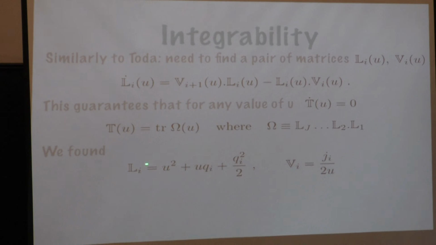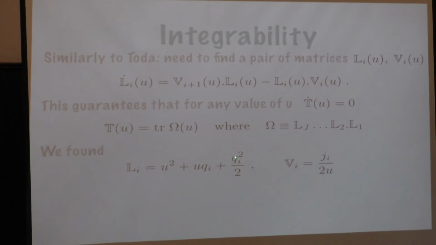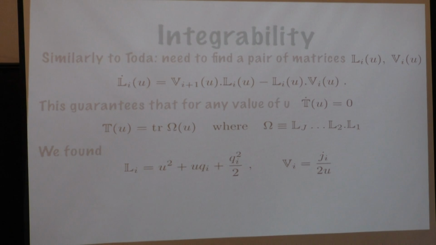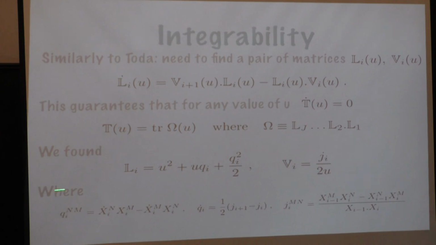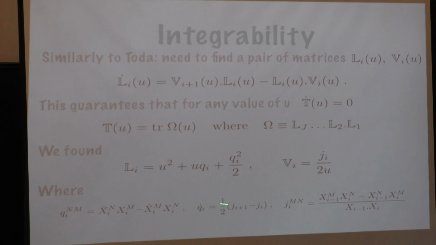And in our case, we found that L can be constructed in terms of this Q. Q is this local conformal charge, which acts locally on your site. And V is a corresponding current, one could say. And there are these equations. That's the definition of Q. Q dot is a finite difference of J's, and J is this combination.